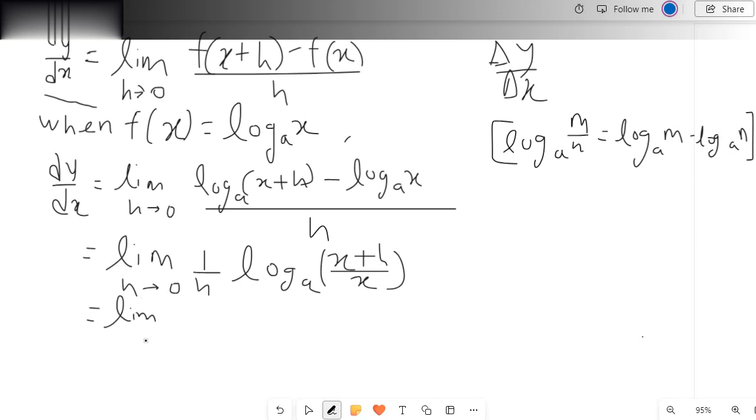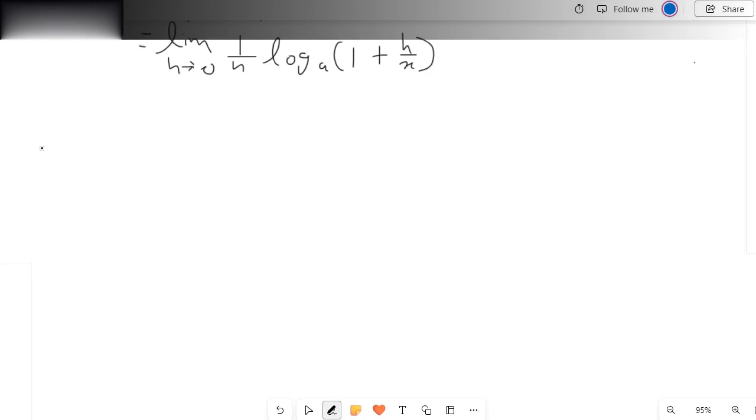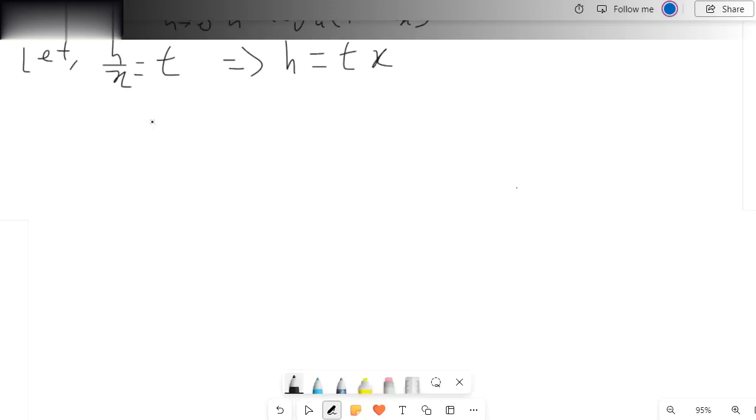So dividing the expression with x, we get log base a of (1 + h/x). Now we will say that let h/x be equal to t. So our expression becomes the limit as t tends to 0, as we don't have h anymore.